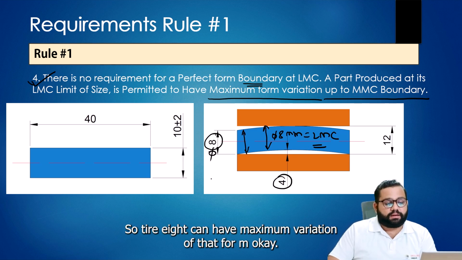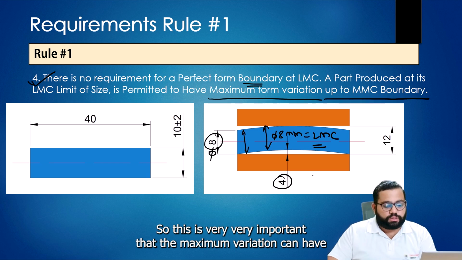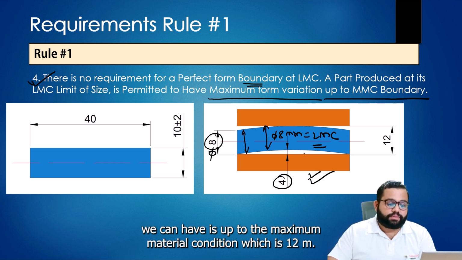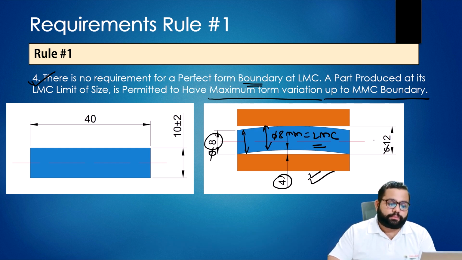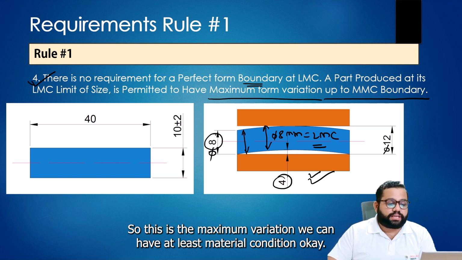So dia 8 can have a maximum variation of dia 4 mm. This is very, very important: the maximum variation we can have is up to the maximum material condition, which is 12 mm. So this is the maximum variation we can have at least material condition.